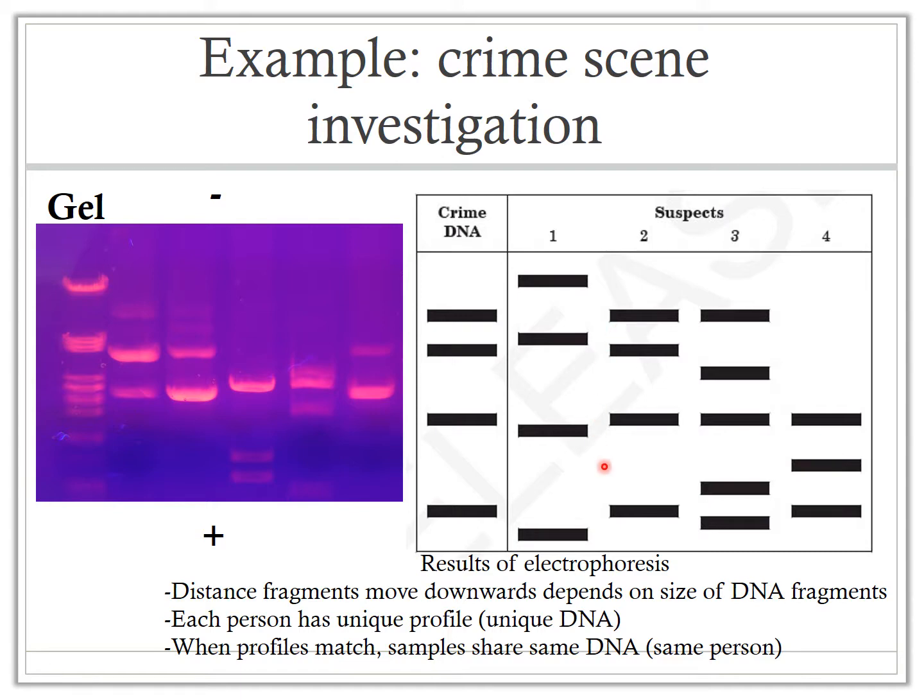And then when profiles match, that means the samples are sharing the same DNA, which mostly means they're the same person. And so this is the DNA collected at the crime scene, and this is the 4 suspects' DNA that might have done the crime. Can you see which one of these is the criminal?